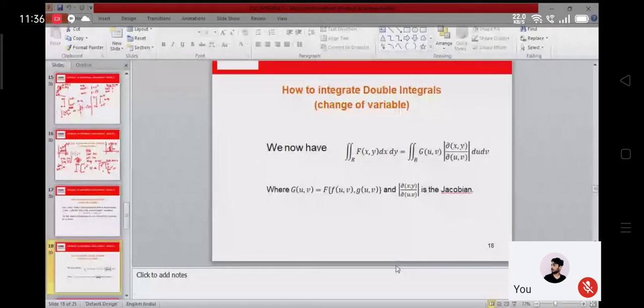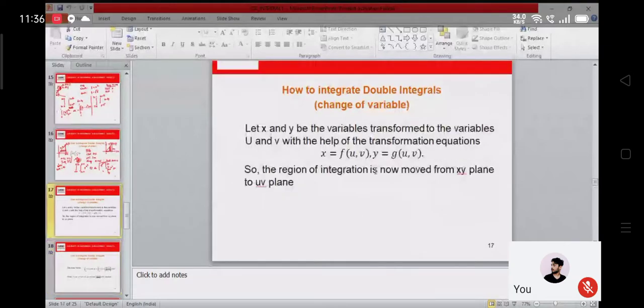This given double integration will be transformed into this new one. So we are basically moving from the xy plane to the uv plane. Our xy plane region was very complicated. Now the movement, how we are moving, that is by g.